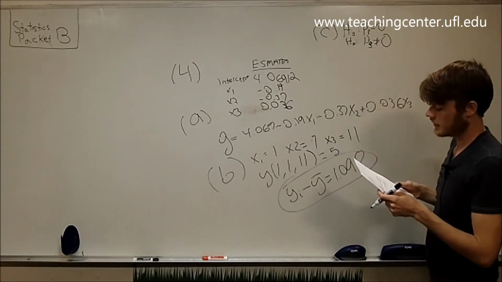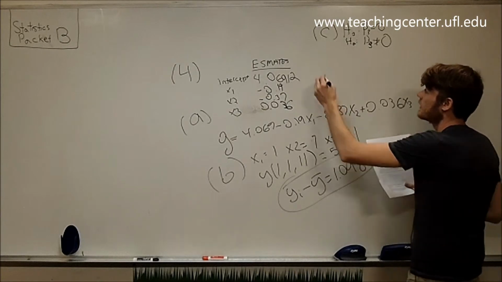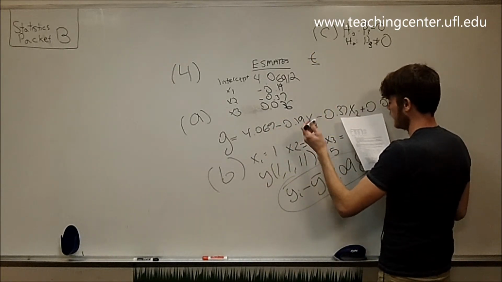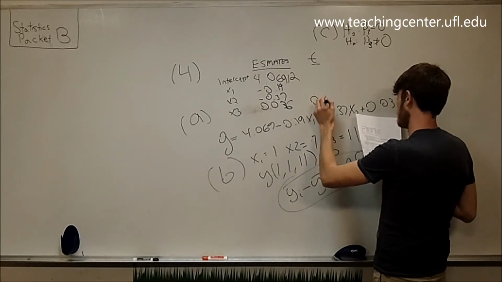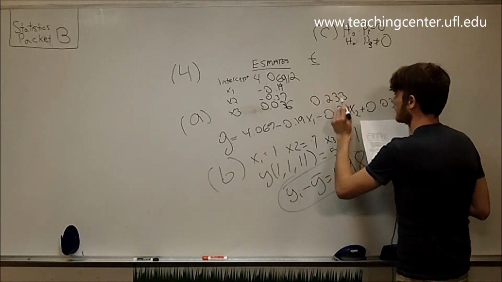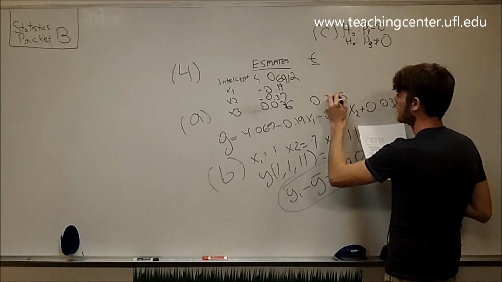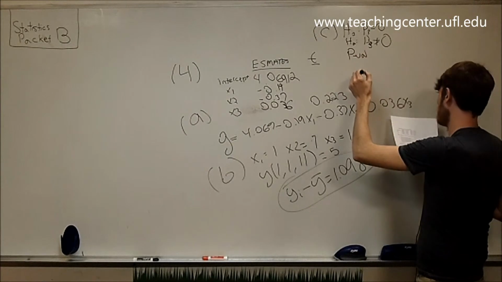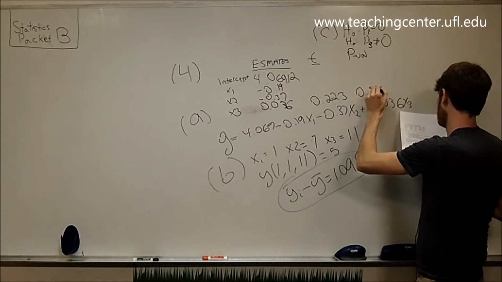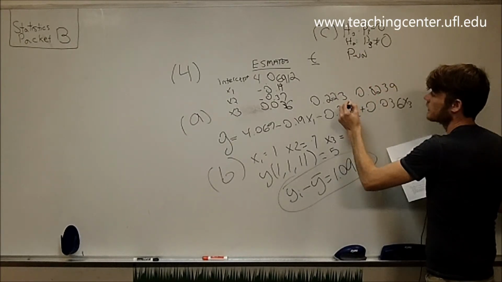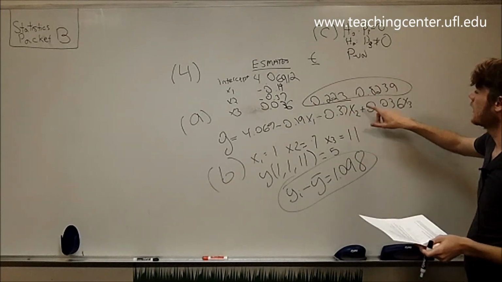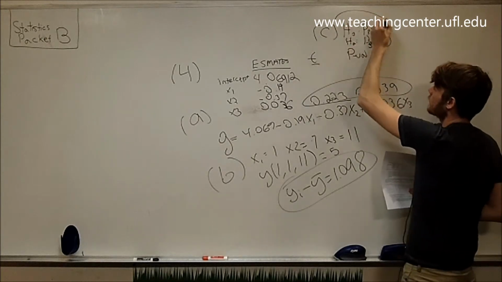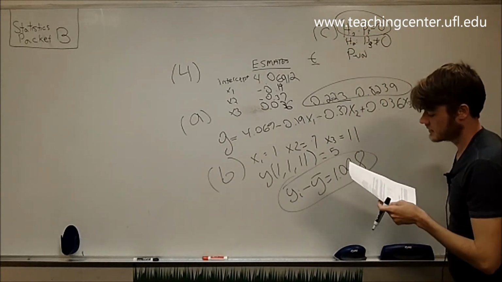We're given that the t-value for x3 is 0.223. This is the t-value, and it gives you a p-value of 0.8239. Extremely high p-value when compared to 0.05, so of course we fail to reject; we find that it's 0.